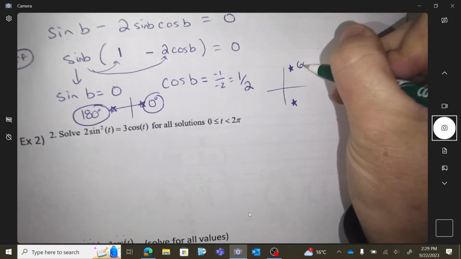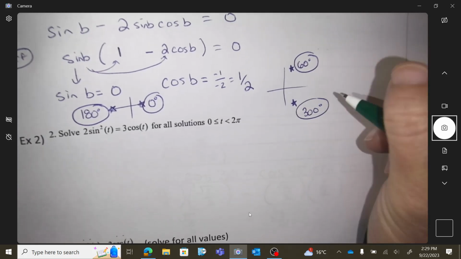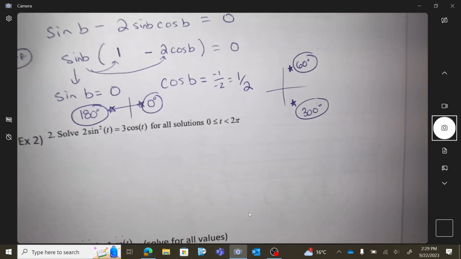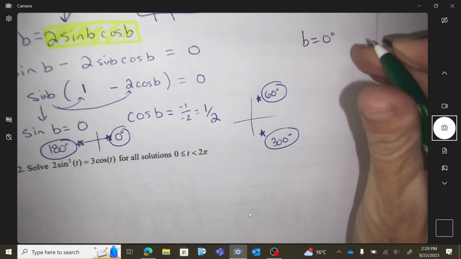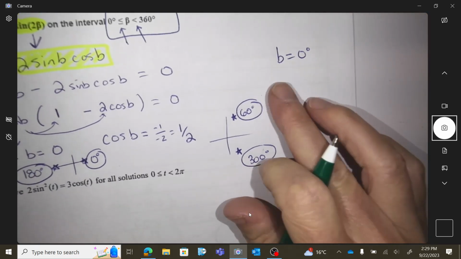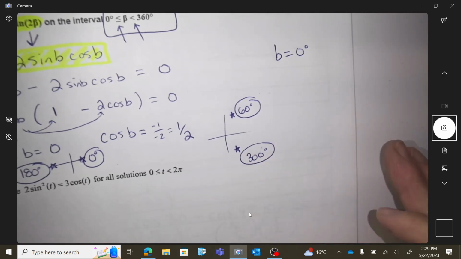What would this be, 60? And 300. Okay, so there's your 4 answers to the angle. Okay, and formally, it's okay if you write it like this, but obviously formally would be like B equals, right? That's what this would be, because B is considered the angle variable at this point.